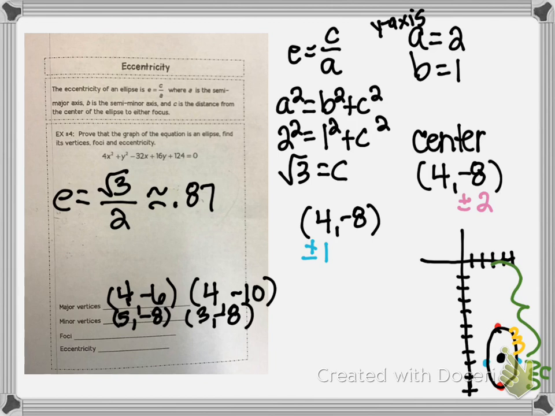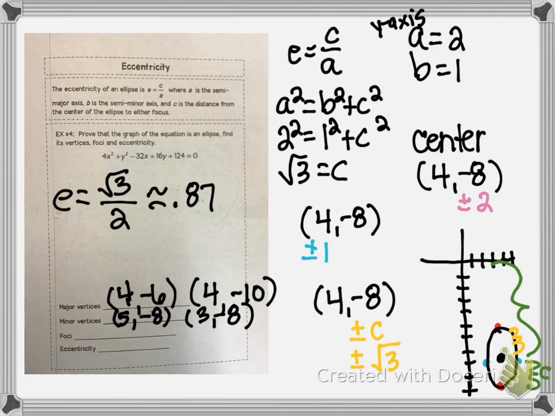All right, so from the center, so again, my center is 4, -8. And because our major is on the y-axis, we are going to plus or minus my c value, and my c value is the square root of 3, and that's going to give us the actual point.